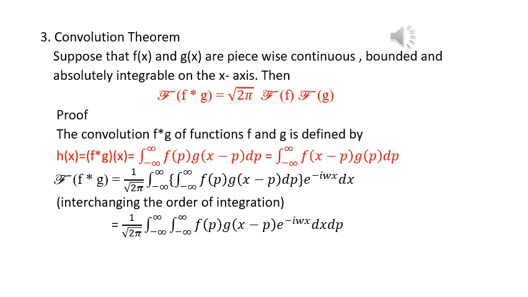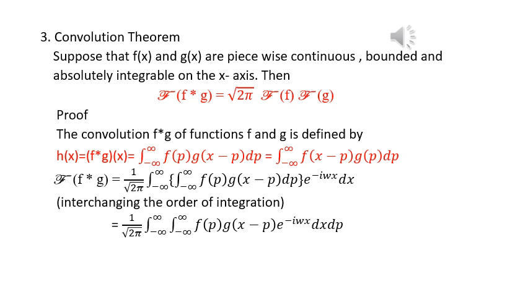So Fourier transform of f star g is equal to 1 by root 2 pi integral minus infinity to infinity f star g e raised to minus i omega x dx. So instead of this f star g, we are substituting integral minus infinity to infinity f of p g of x minus p dp into e raised to minus i omega x dx.